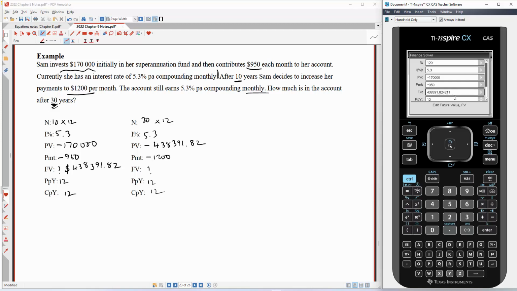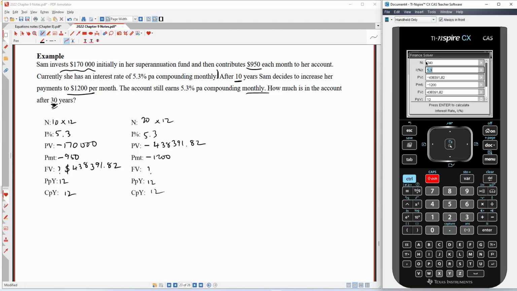So 91.82 is the value there, which I'm going to grab again. So Control C that, paste it over here, and the payments, that was gone up to 1200. 20 times 12 is the number of times we're doing it.